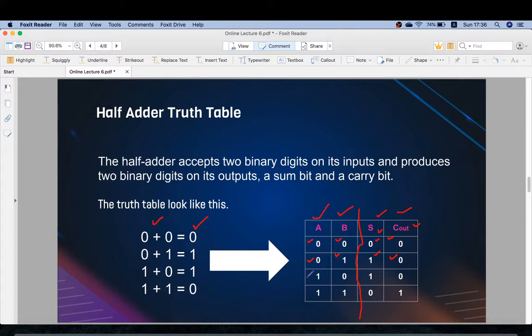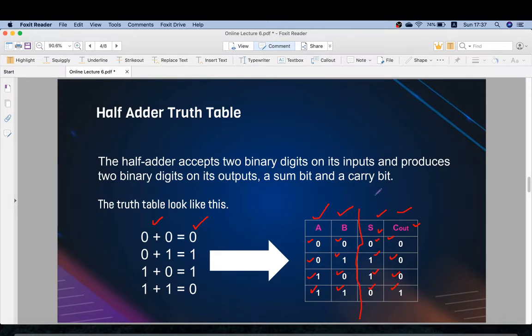If the input is 1 0, according to the arithmetic the output is 1 and carry is 0. Now if the input is 1 and 1, according to the arithmetic the output is 0 but the carry will be 1.